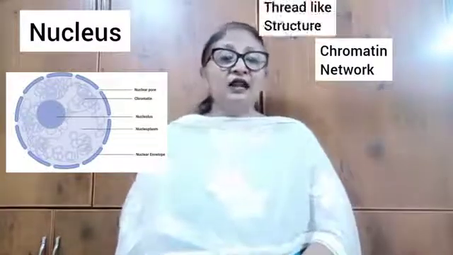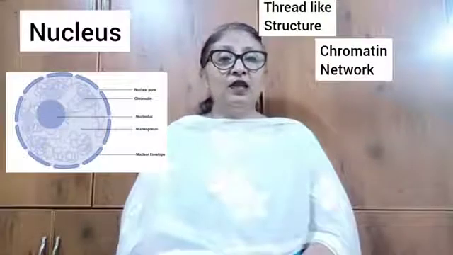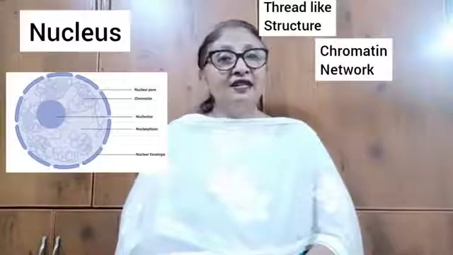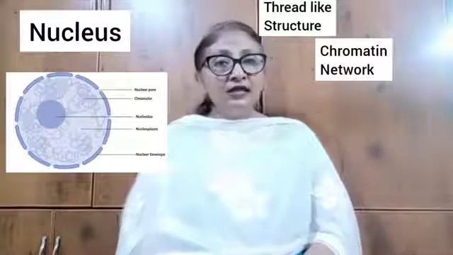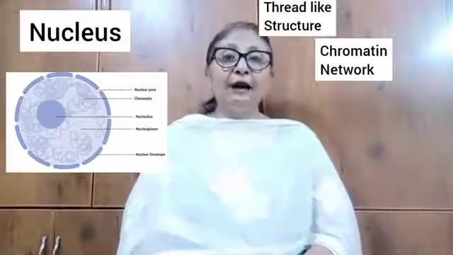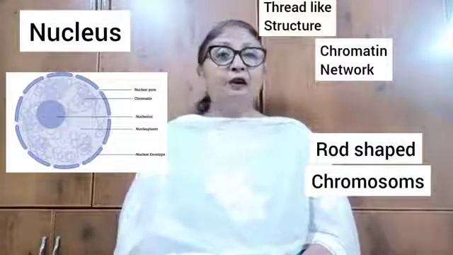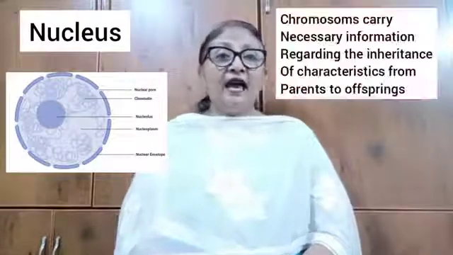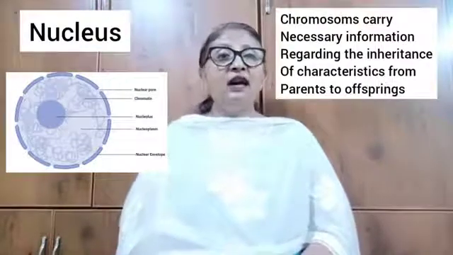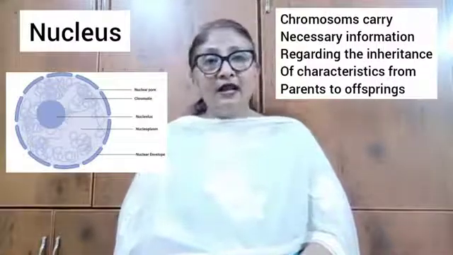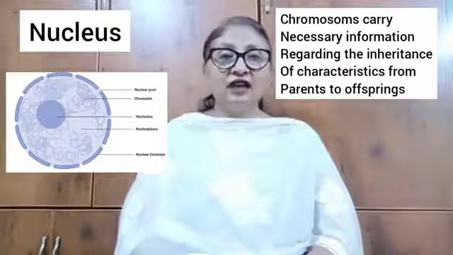The thread-like structures which are found in the nucleoplasm are known as chromatin network. This chromatin network becomes rod-shaped structures called chromosomes at the time of cell division. Chromosomes carry necessary information regarding the inheritance of characteristics from the parents to the next generation.